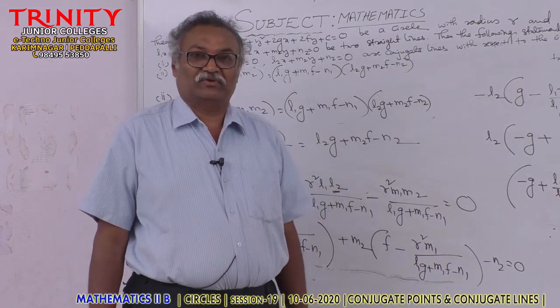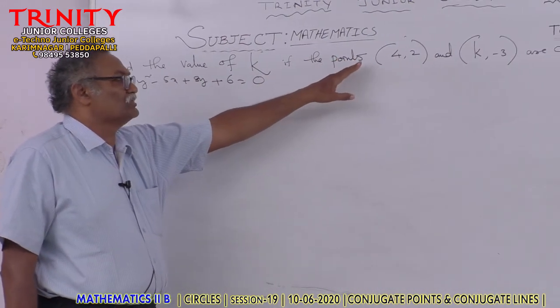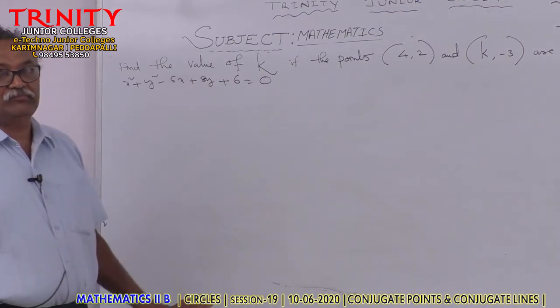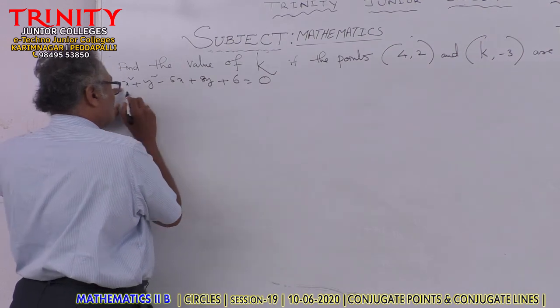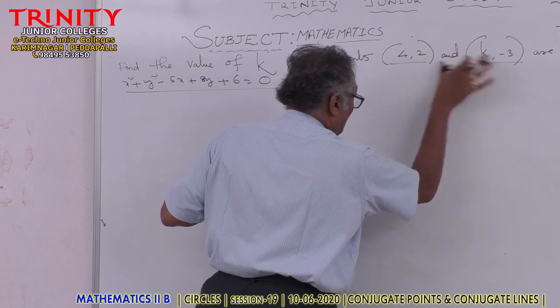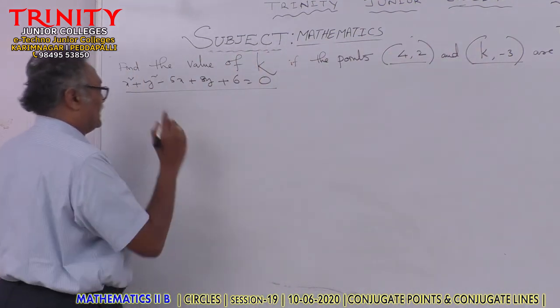That is the answer. Find the value of k if the points are conjugate points with respect to this circle. Concept. Here it is the given circle. These are the given points. These are conjugate points with respect to this circle. Right.